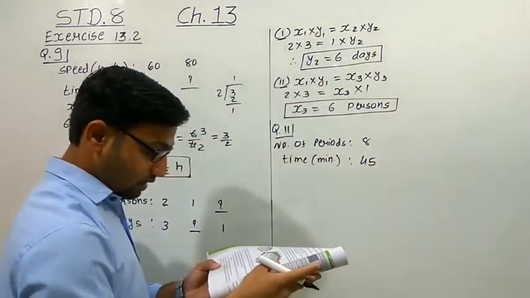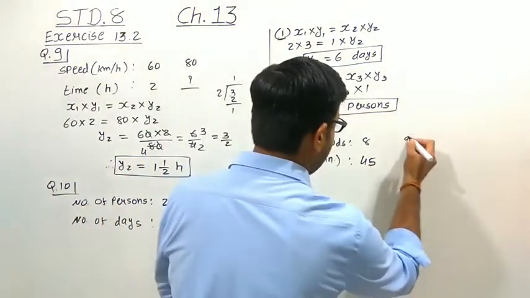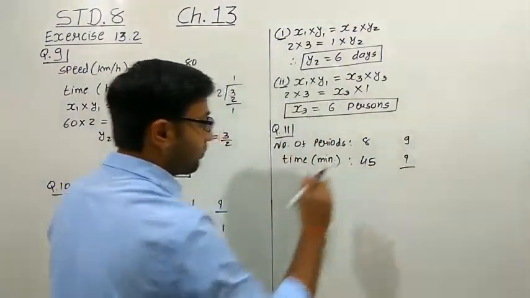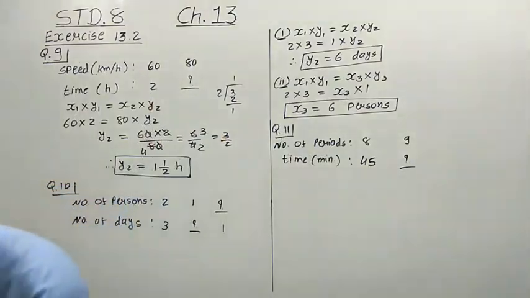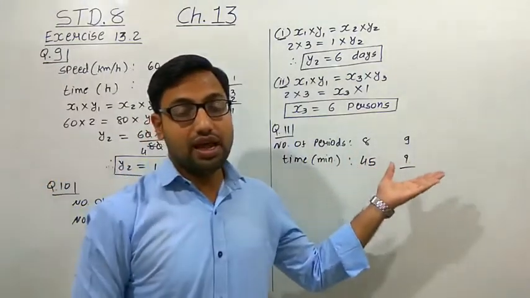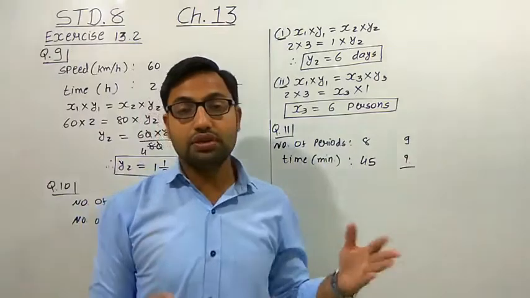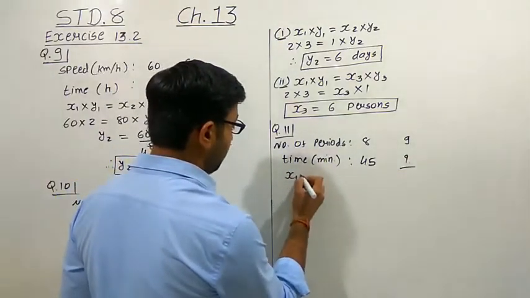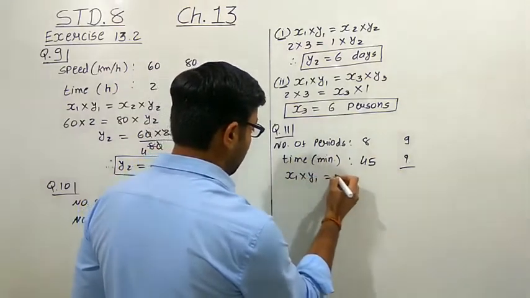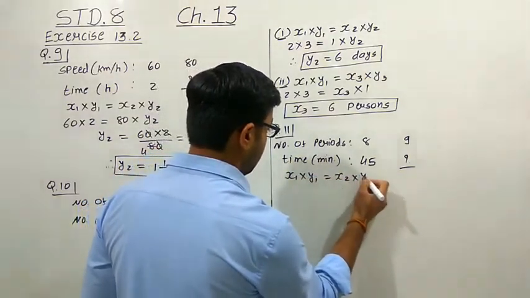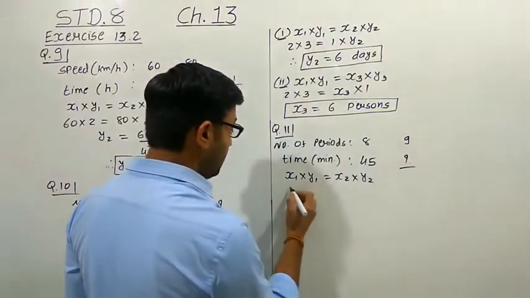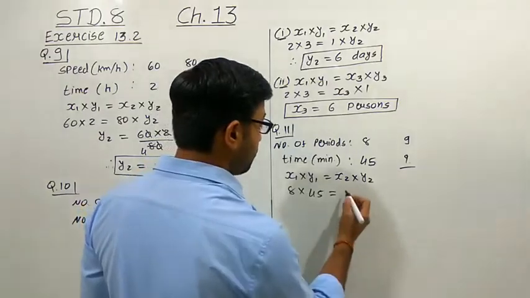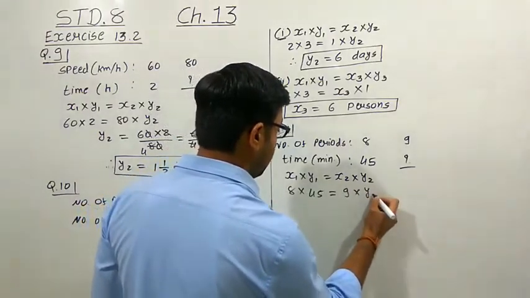Now if the number of periods is 9, then what will be the time for each period? Here also, as we increase the number of periods, the time has to decrease, because the school hour is fixed. So here we can use the inverse proportion formula, x1 into y1 is equal to x2 into y2. Here x1 is 8, y1 is 45, x2 is 9, and y2 we have to find out.